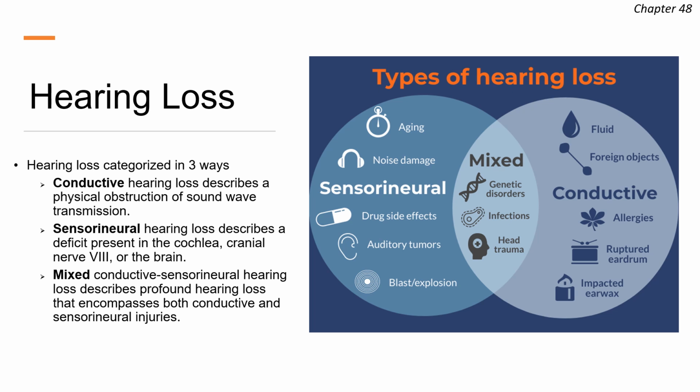Okay, conductive. Then we have sensorineural. So this is when there is a deficit present in the cochlea, cranial nerve, or the brain. So neural. Okay, so the nerves, the neurons are involved. Then we have mixed. So it can be a mix of those two that we just talked about.